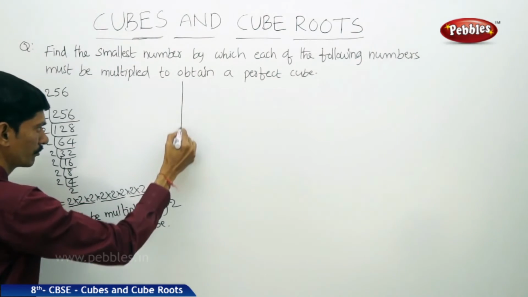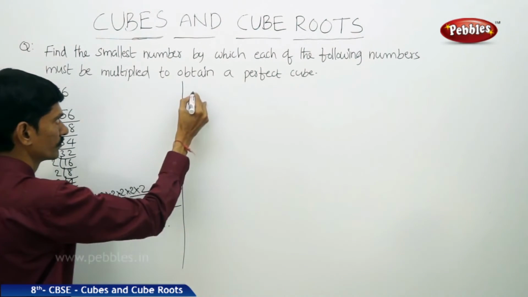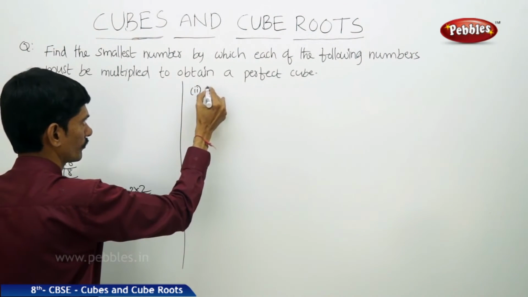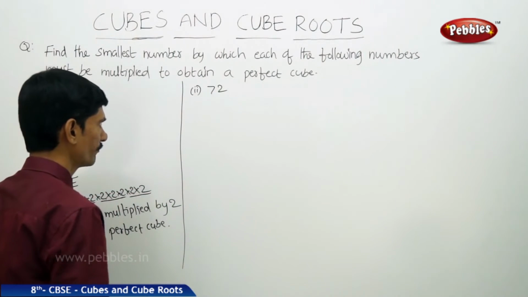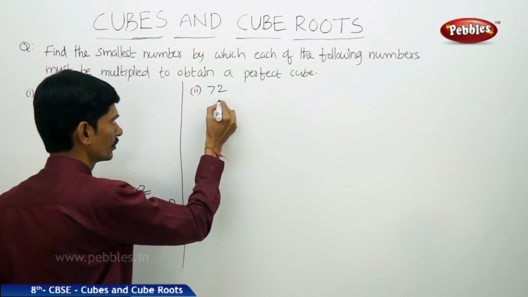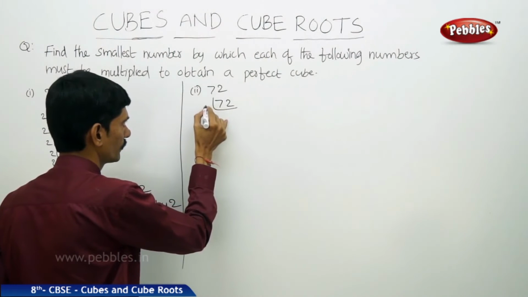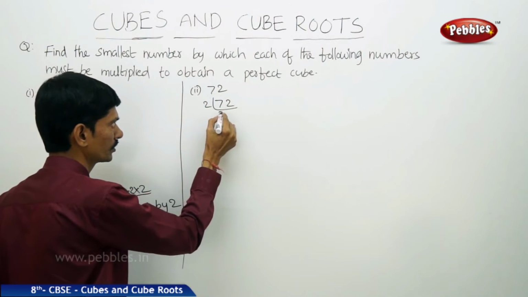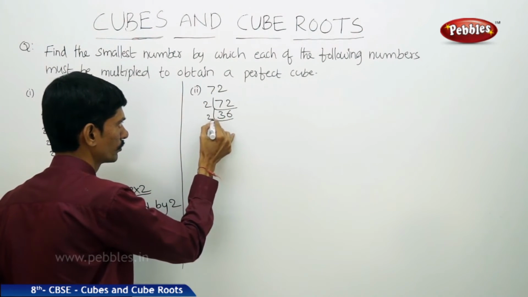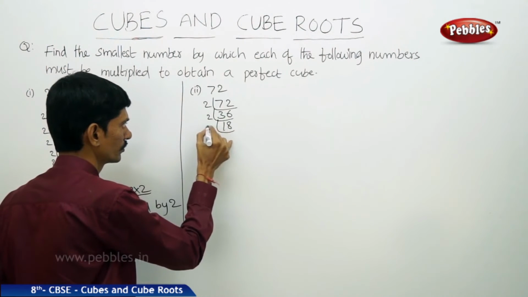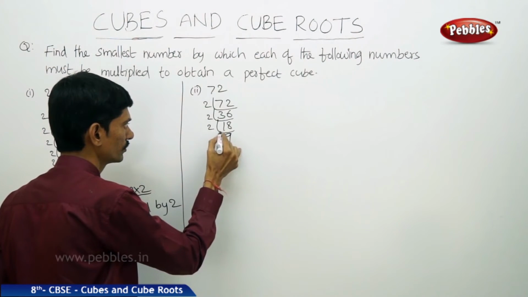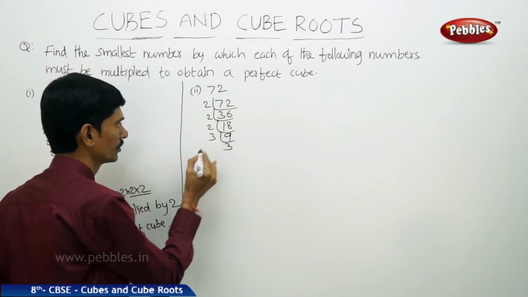Now let us take the second question, 72. Now let us see the factorization of 72. Now it will be divisible by the tables of 2 and 3. 2 36's are 72, 2 18's are 36, 2 9's are 18 and 3 3's are 9.